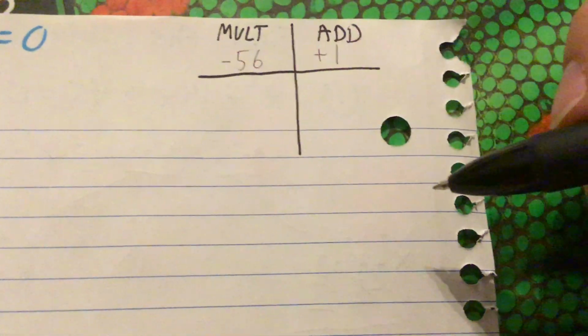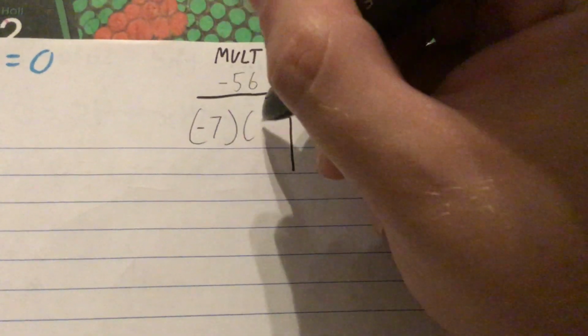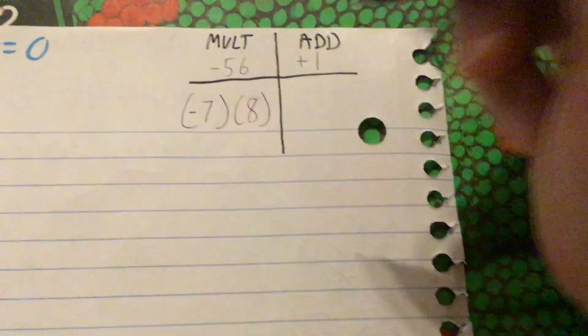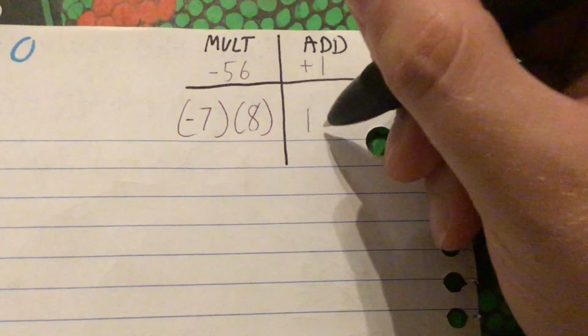However, adding to positive 1 tells me that the positive needs to be stronger than the negative. So in particular, you must have gotten negative 7 times positive 8. Negative 7 times positive 8 is negative 56. Negative 7 plus 8 is positive 1.